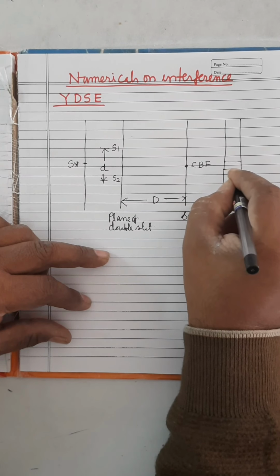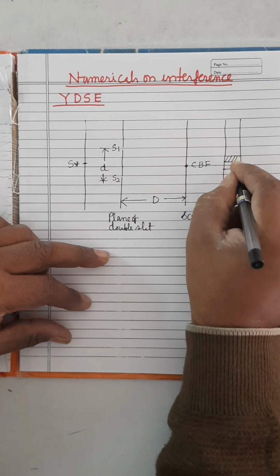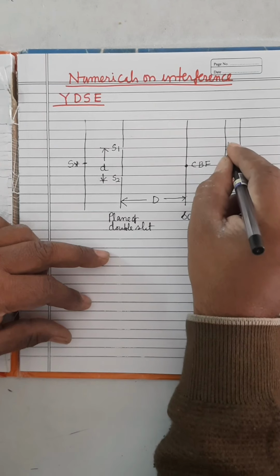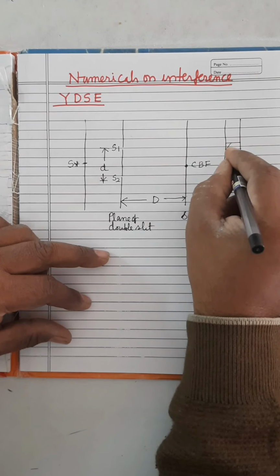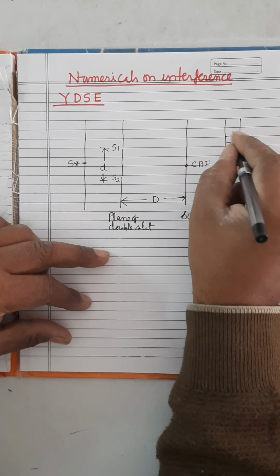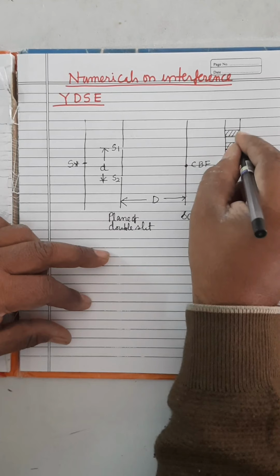Here there is a central bright fringe. Then there is a first order dark fringe. Then the first order bright fringe. Once again, the second order dark fringe. These dot shaded ones are the dark fringes.